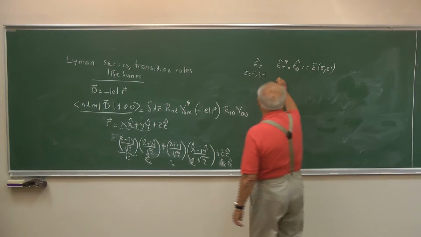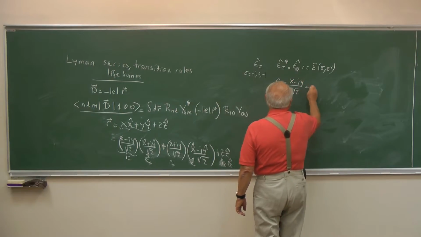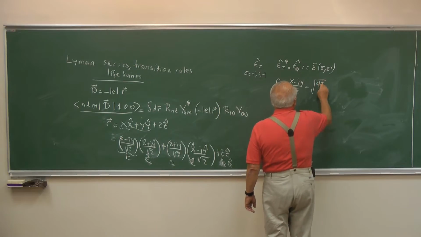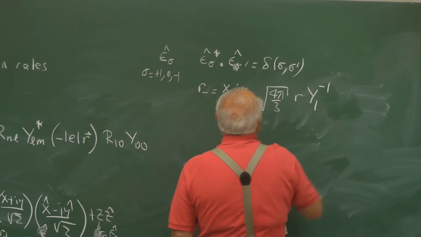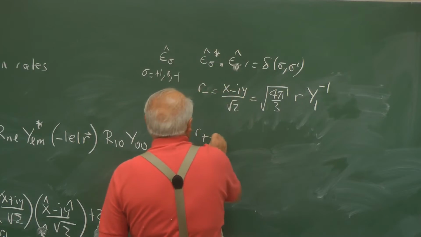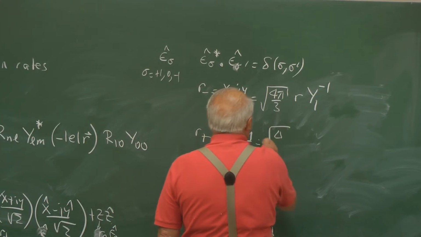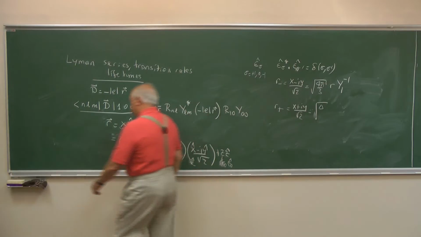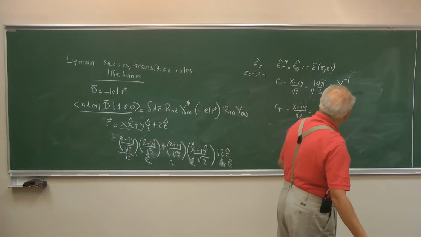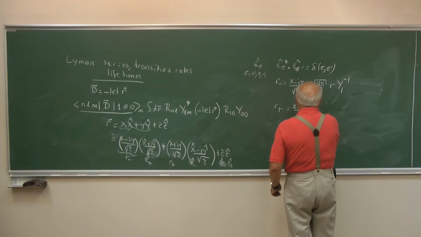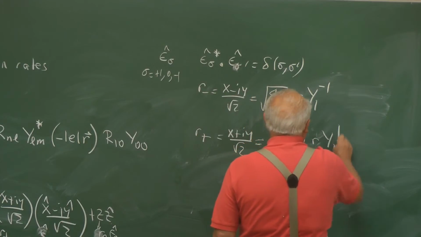And r minus, which is x minus iy over root 2, that is root 4 pi over 3 r y1 minus 1. r plus, which is x plus iy over root 2, that's equal to minus root 4 pi over 3 r y1 1.